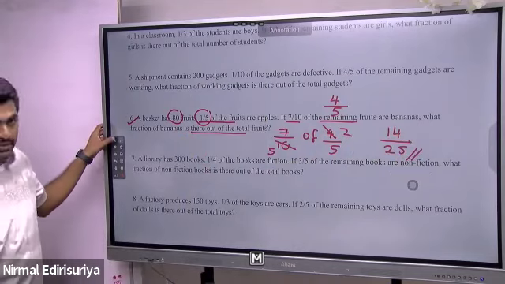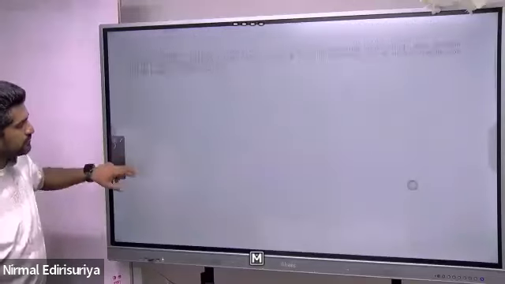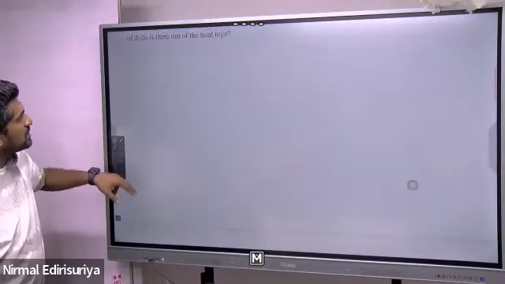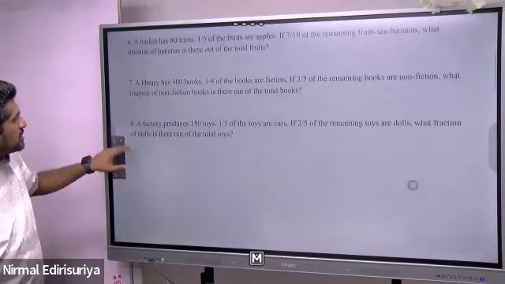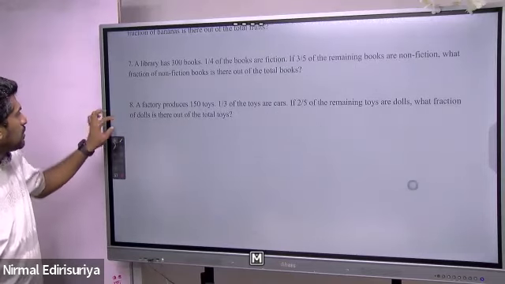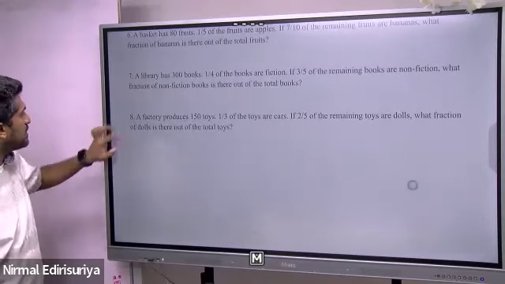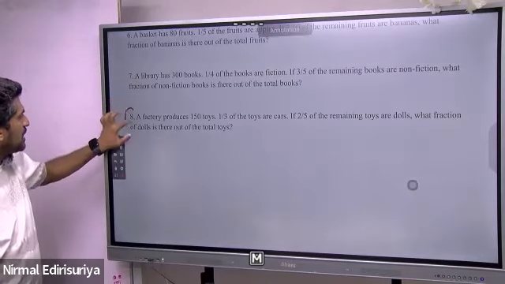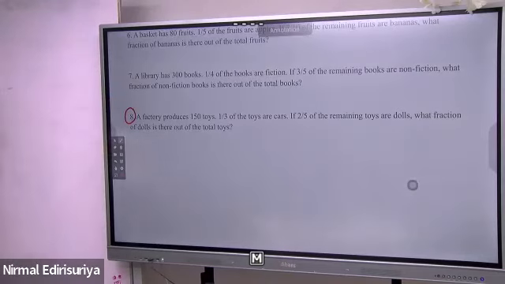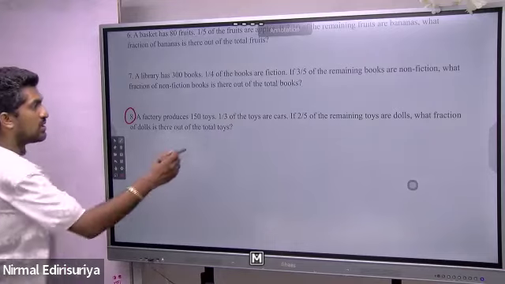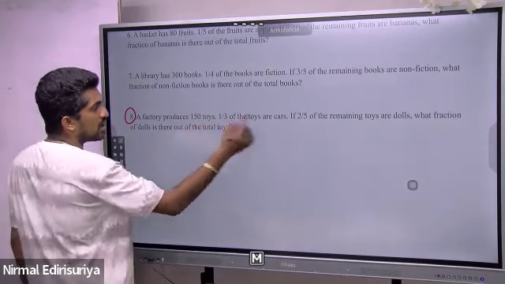If we consider another example, look at this eighth question. A factory produces 150 toys. One third of the toys are cars.